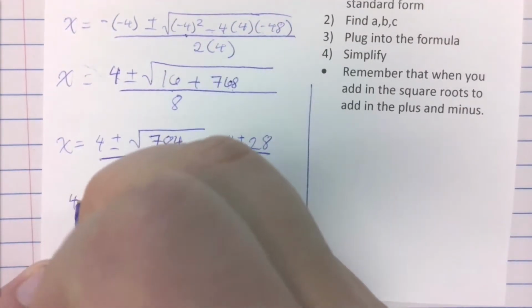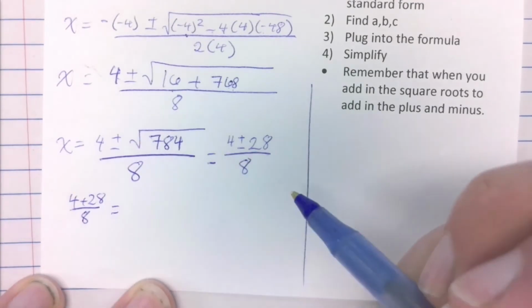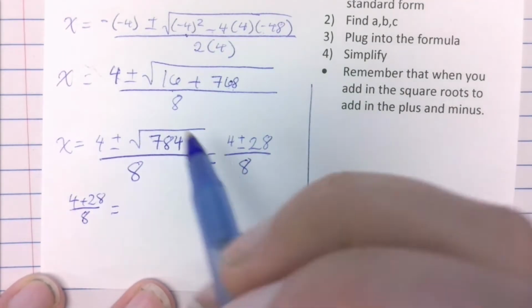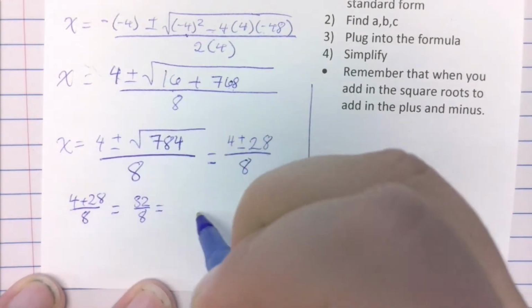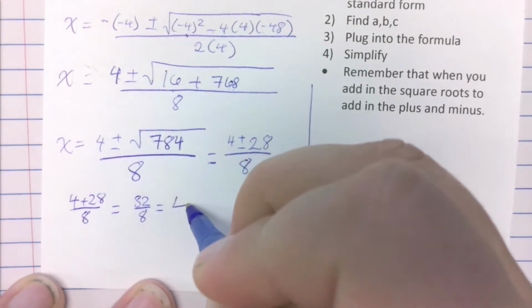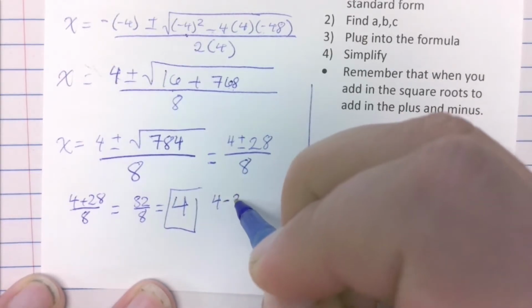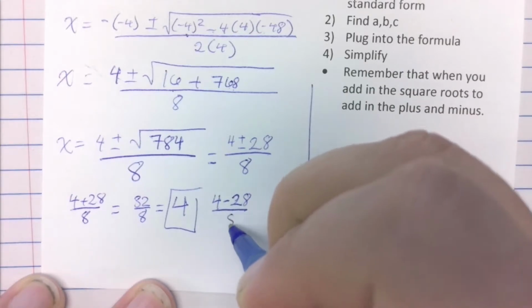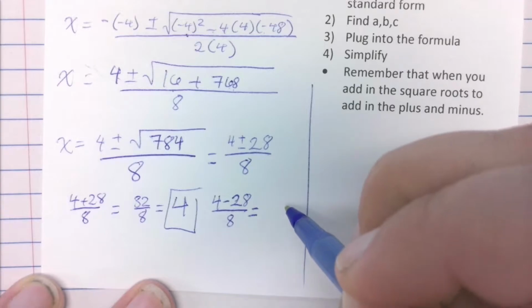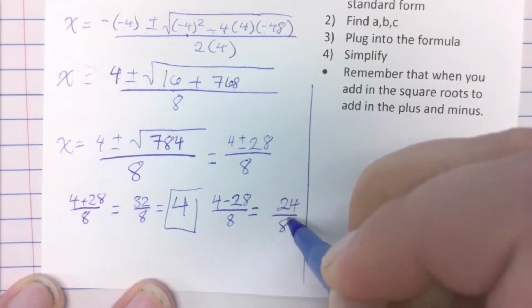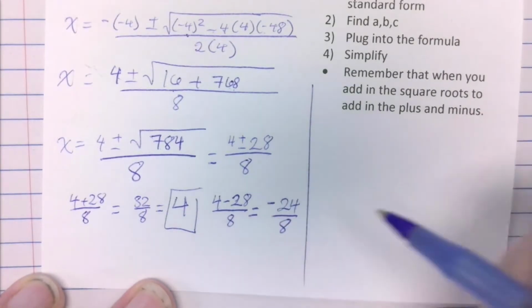What's 4 plus 28? What's 32 divided by 8? 4. What's 4 take away 28? You're so close. What are we forgetting? The negative sign.